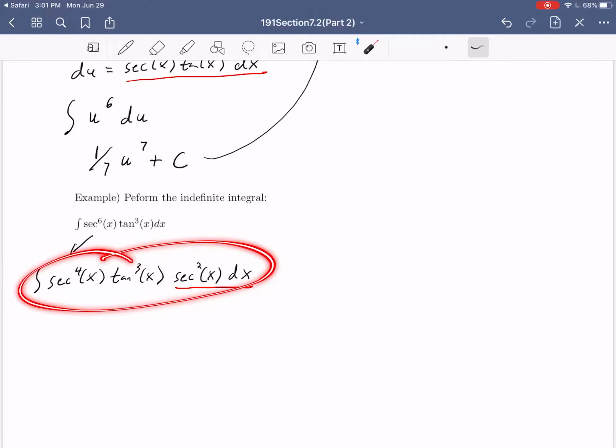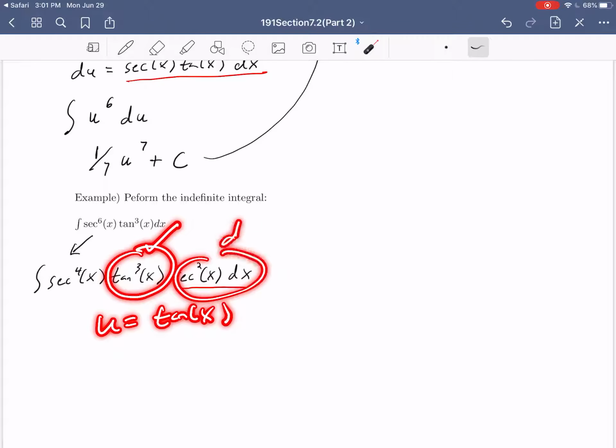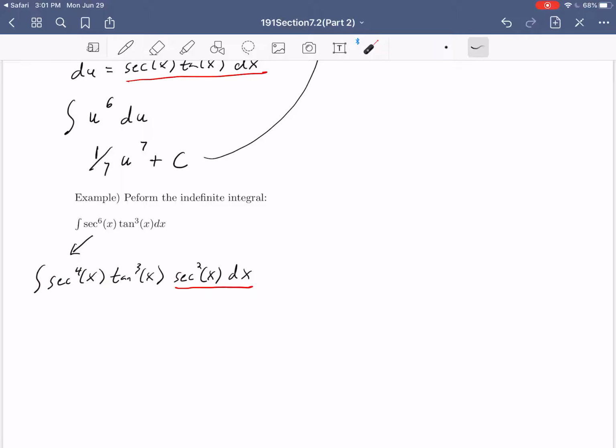If we go down this route, we would want u to be equal to tan x. That would be good here. This would be the du, and we would be needing to convert this into tangent. Could we convert this secant to the 4th into tangent? Sure, we could think about this as secant squared and secant squared, and then convert each of those into tangent manually.